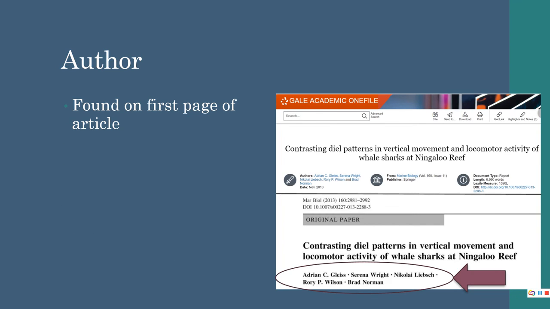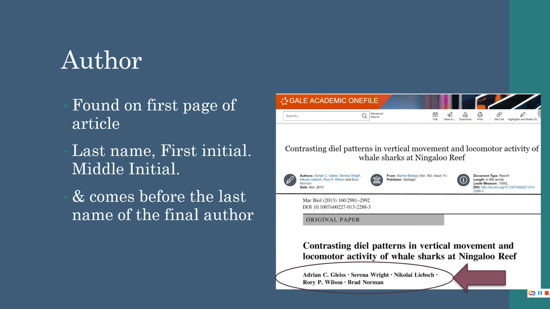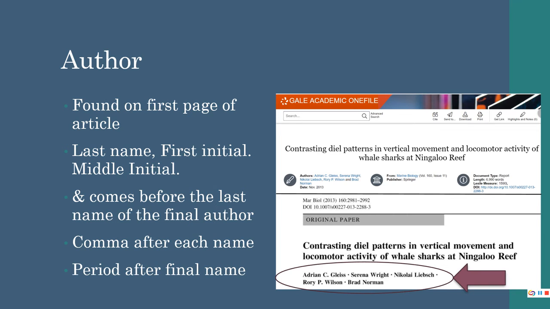Information about the author is found on the first page of the article. All authors' names are written with the last name first, comma, first initial, period, middle initial, period, if available. An ampersand, or and symbol, is placed before the final name if there is more than one author. There is a comma after each name and a period after the final name.